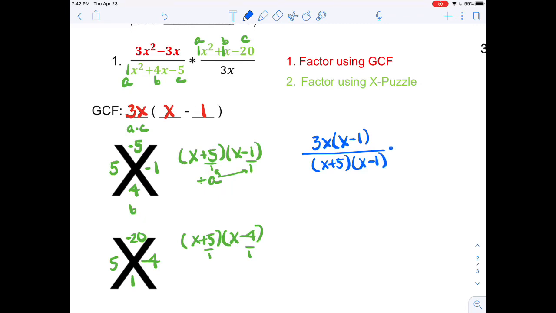If I look at the second rational expression, I had on the top x plus 5 and x minus 4. And on the bottom I had 3x. That was the only thing that I didn't have to do anything with. That polynomial was already simplified.